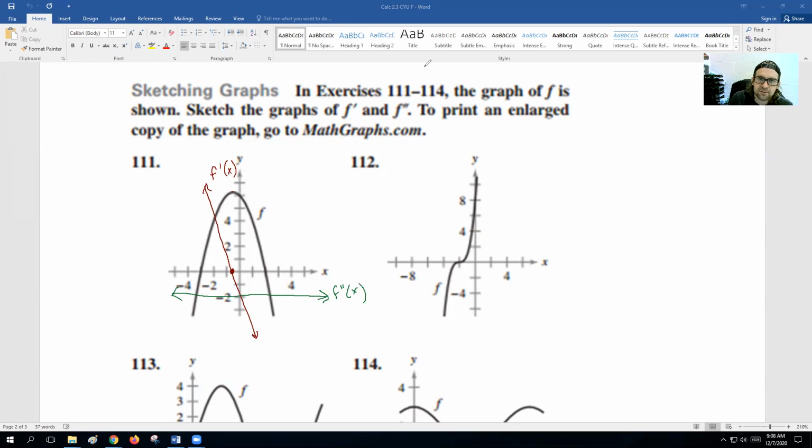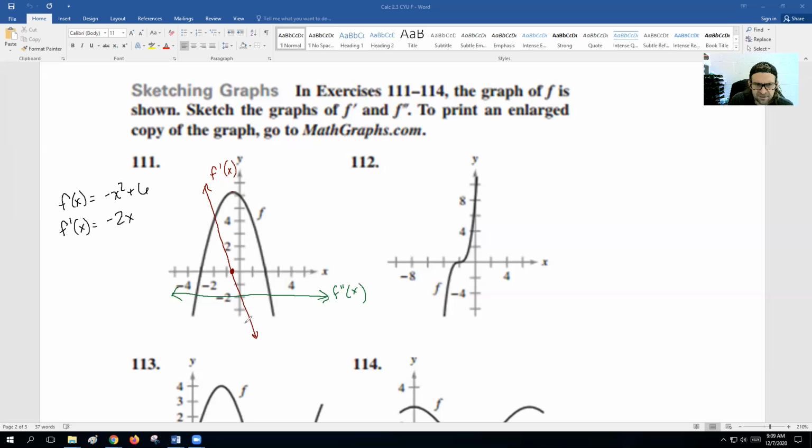Now, if you ever want to make up problems to help you out, that might work. You might look at this and say the original equation looks like a negative x squared that's shifted up something like 6. Negative x squared plus 6. Well, what's the derivative of that? The derivative of negative x squared plus 6 is just negative 2x. That's what it looks like, right? This is just a straight line.